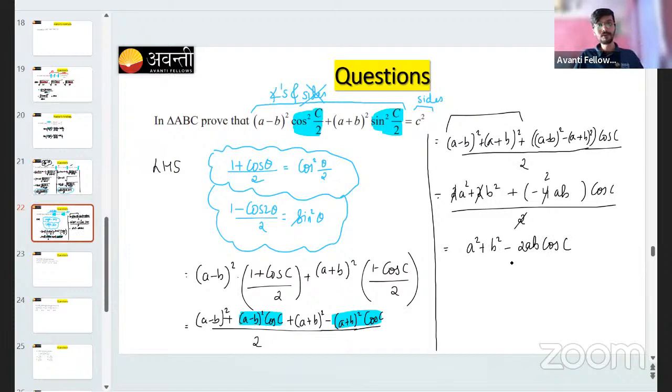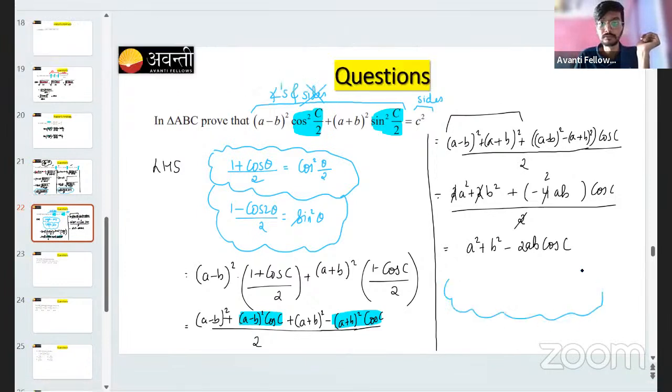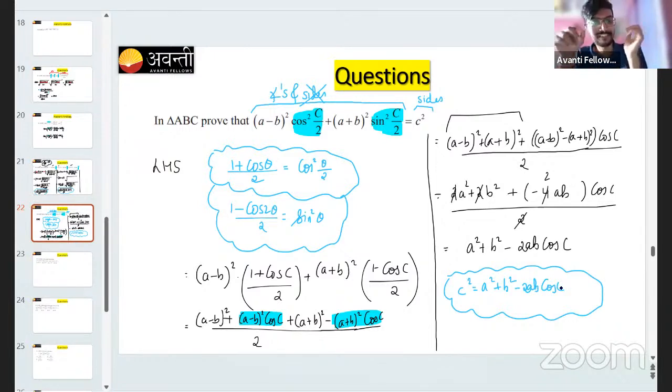Now, do you remember what this is? It is the second form of cosine rule. If you remember, I can write c square as a square plus b square minus 2ab cos c. I told you not to remember it, but here you should click it.